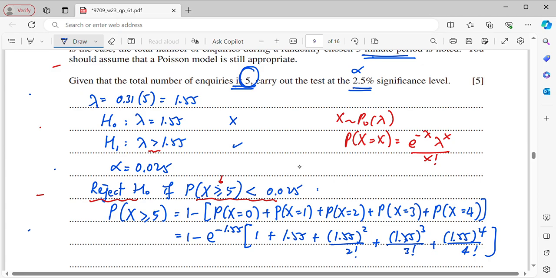So there will be sufficient evidence to conclude it has increased, right?